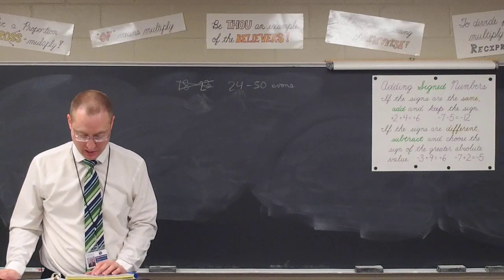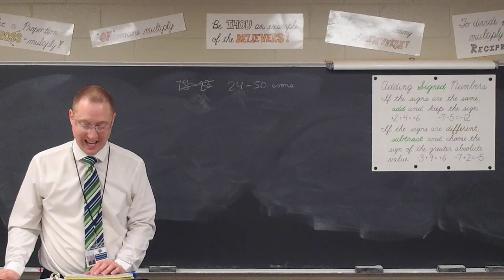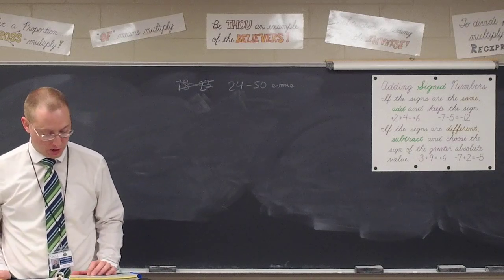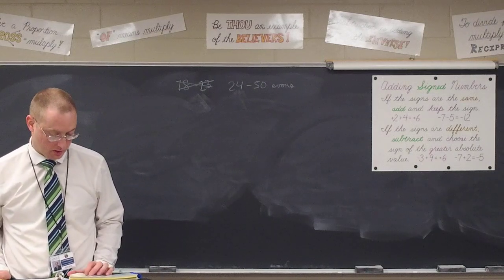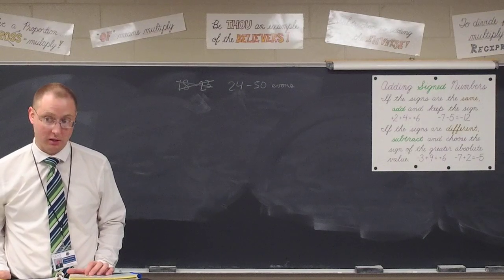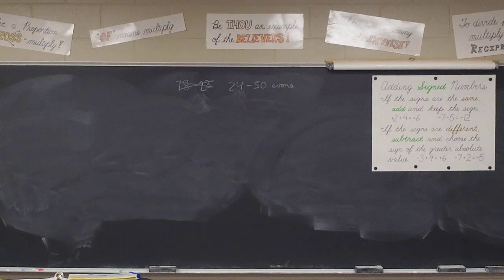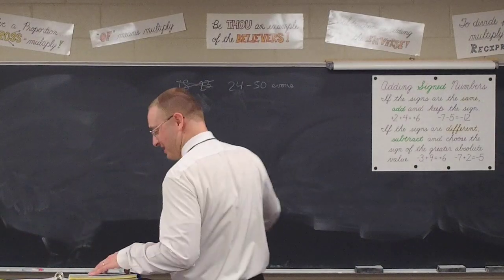Negative 11 is correct. Number 38. Negative 4 is correct. Number 40. Negative 5. Great job. Number 42. 67. Negative 67. What did you write? Oh, okay. It is negative 67, but you did not have the negative.